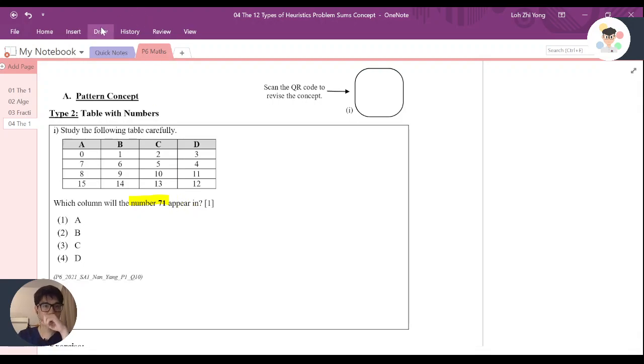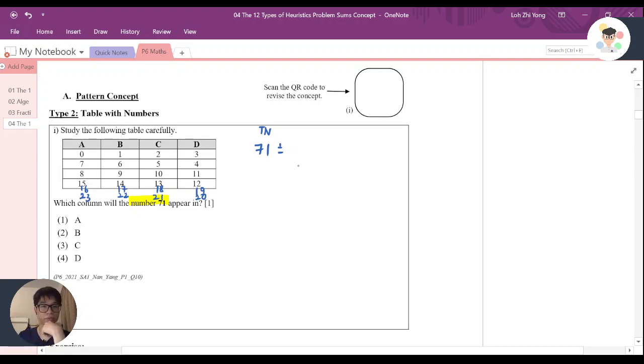To better help us recognize the pattern, let me write it down also. Continue. Probably here will be 16, 17, 18, 19, 20, 21, 22, 23. Now, the way that I usually do is I will use 71 as my targeted number, and I will divide by how many numbers we have in one set.